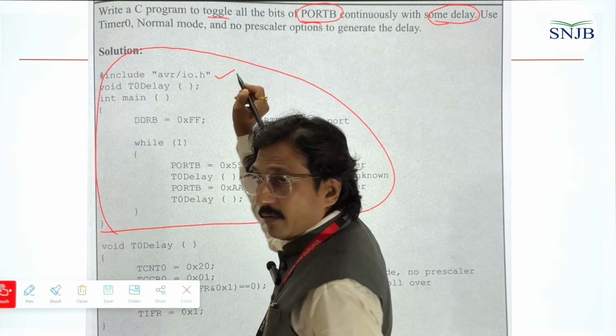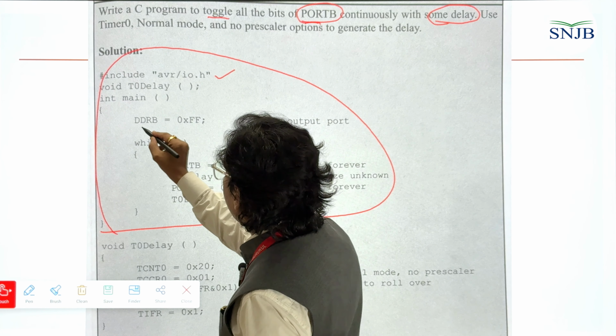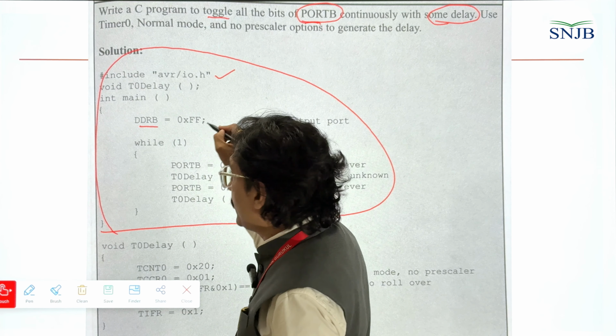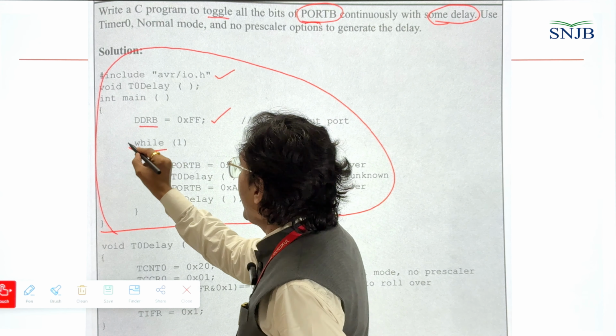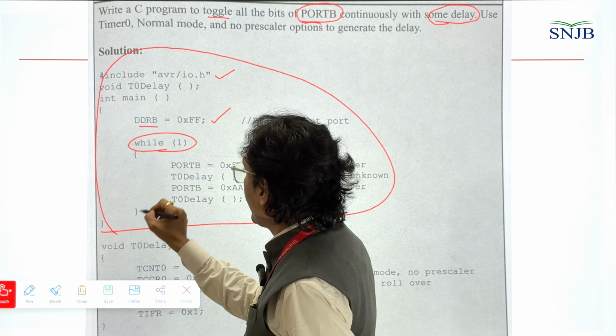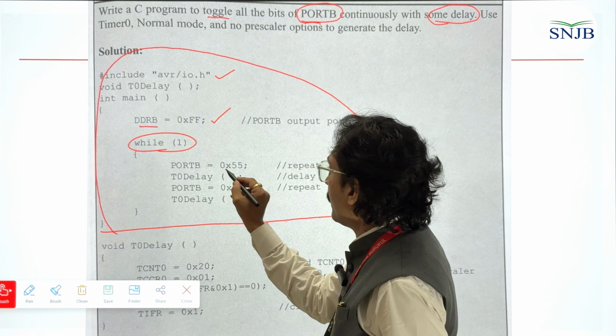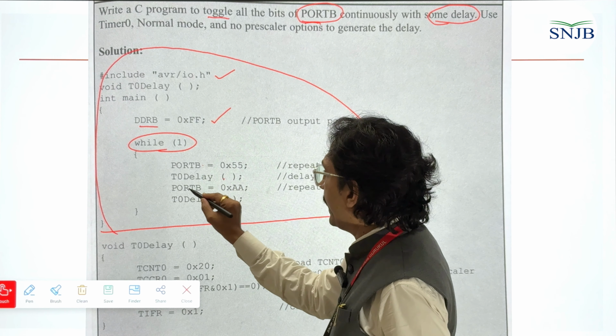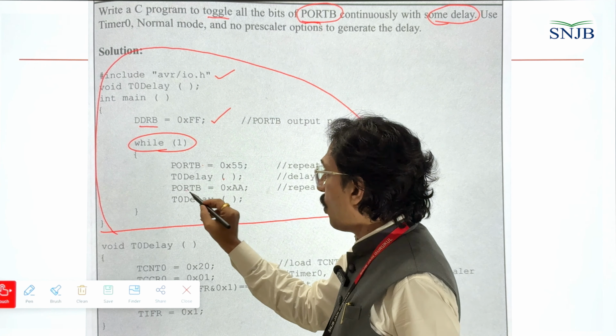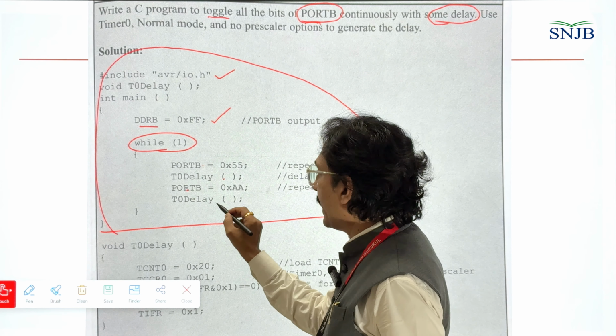Here we include the header file, then the direction of register B is configured as output. For infinite time this while loop is running, putting 55, and after some delay it puts AA on port B and again generates the delay.